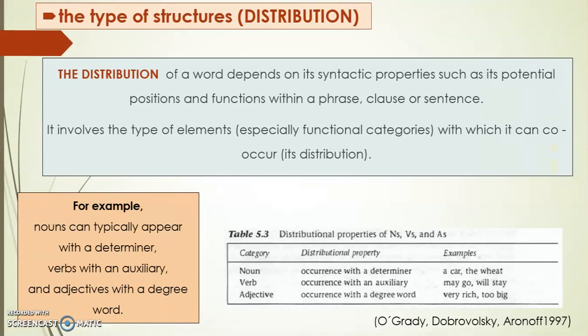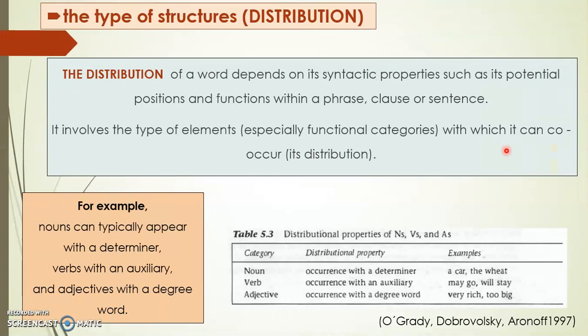And then we have, according to their type of structures, their distribution. So the distribution of a word depends on its syntactic properties, such as its potential positions and functions within a phrase, a clause, or a sentence. It involves the type of elements, especially functional categories, with which it can occur, that is to say, the distribution.